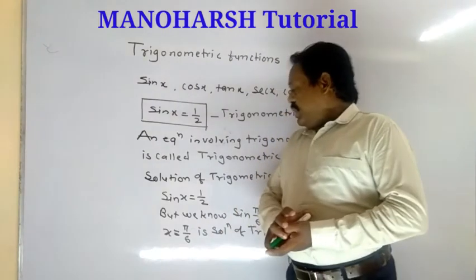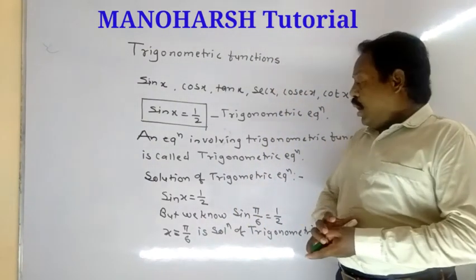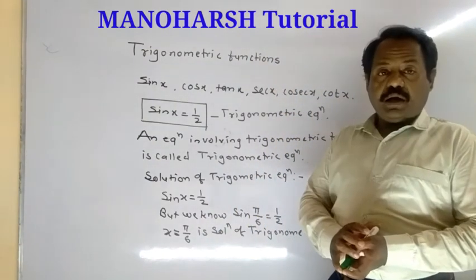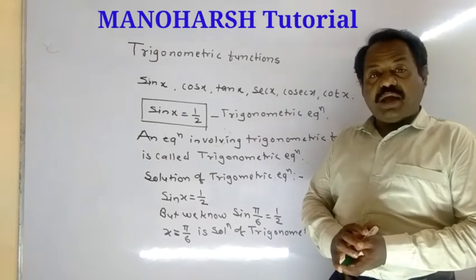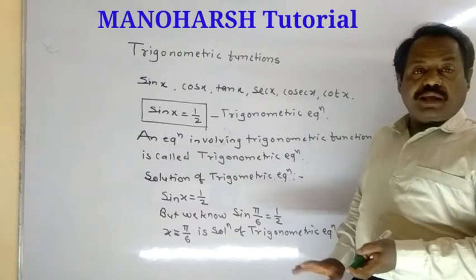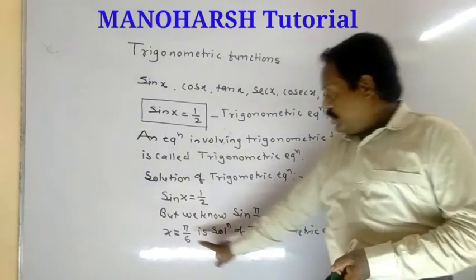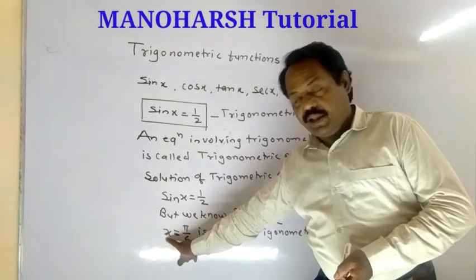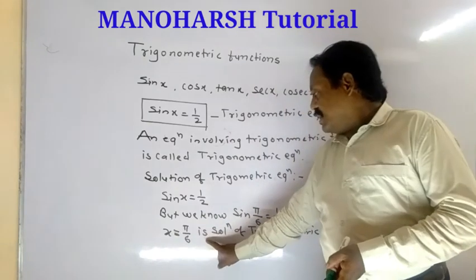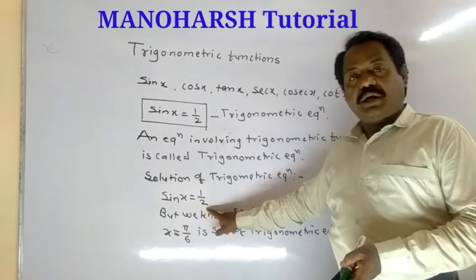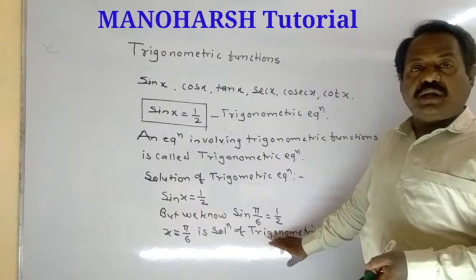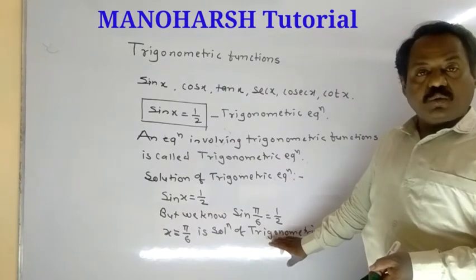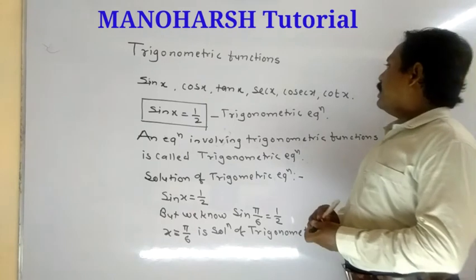It is the value of the variable in the trigonometric equation which satisfies the trigonometric equation. So this value of variable x in this trigonometric equation is the solution of trigonometric equation.